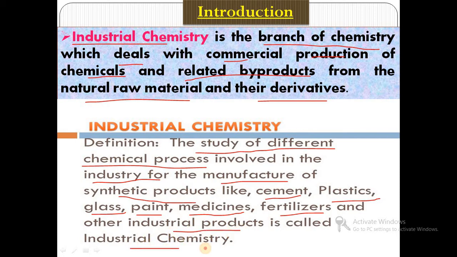So in industrial chemistry we see large scale production of various chemical products, or the various chemical processes involved to produce a large quantity of that substance.